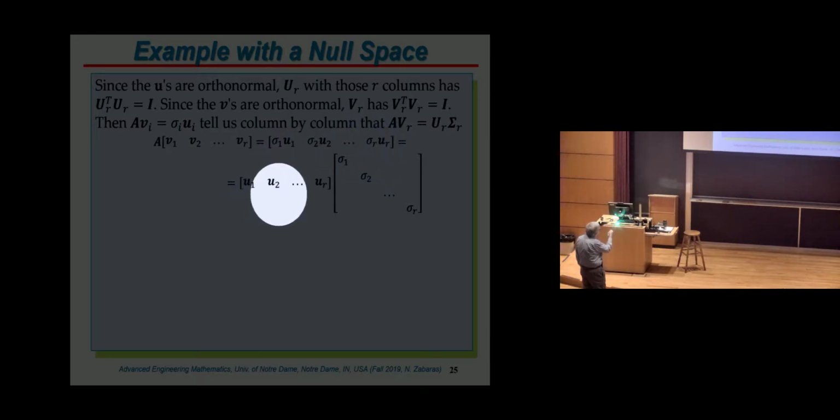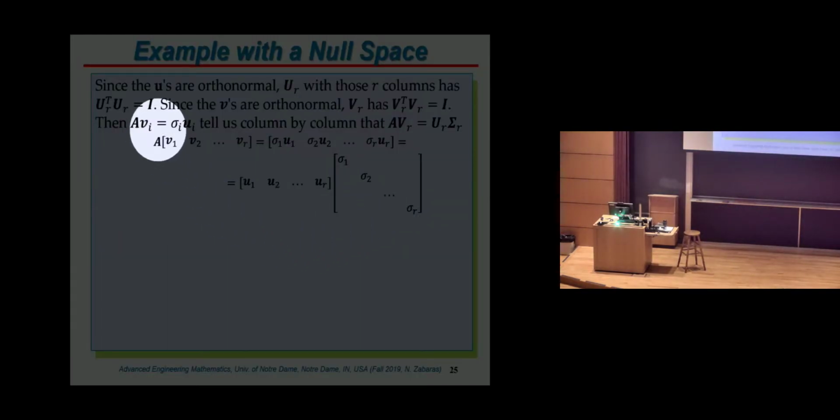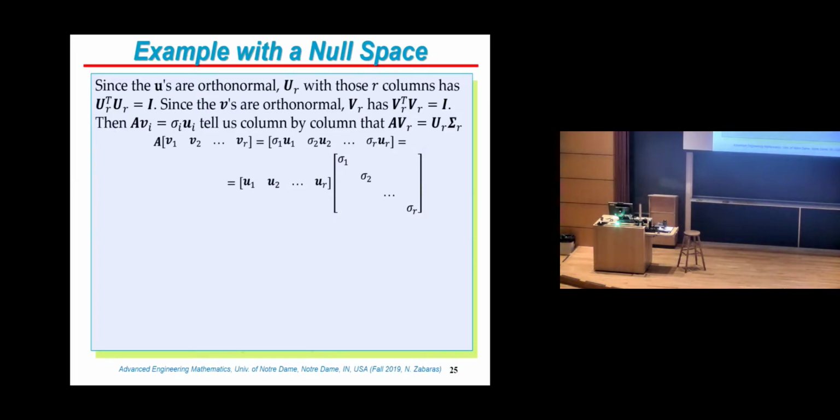And I can write this as the product of this U subscript r matrix times this sigma subscript r matrix, because I only have r vectors in my basis in the row space. Will you agree with me? I can rewrite this equation r times and get this equation. There's nothing particular there.